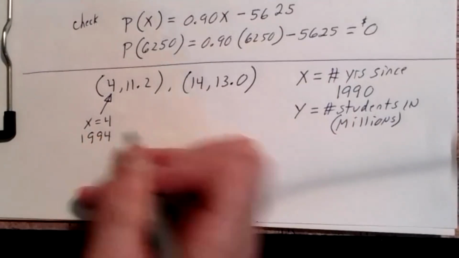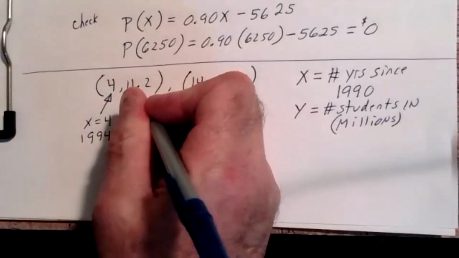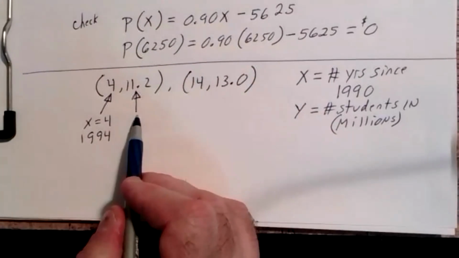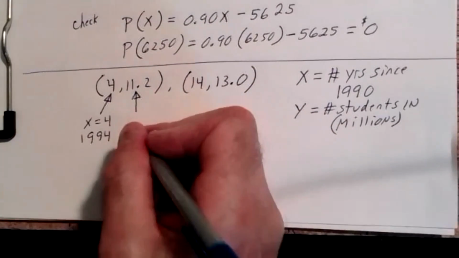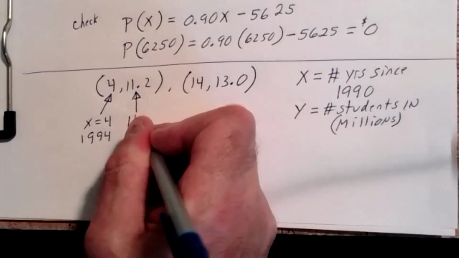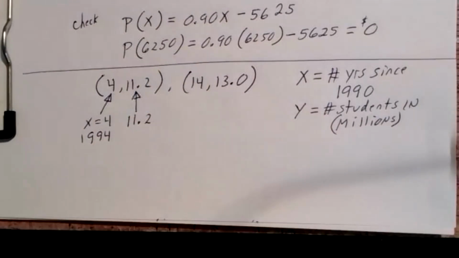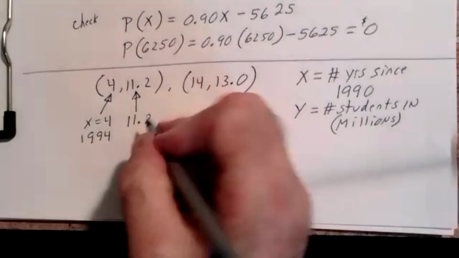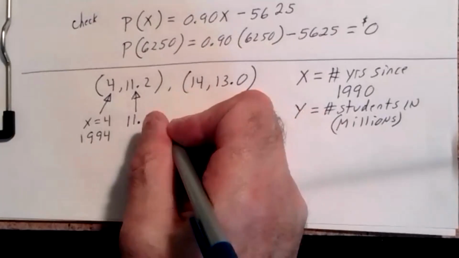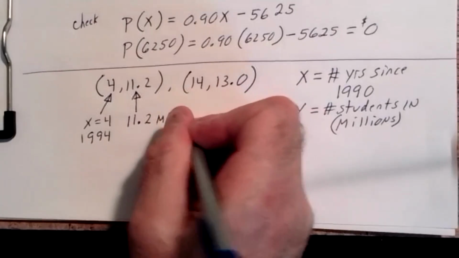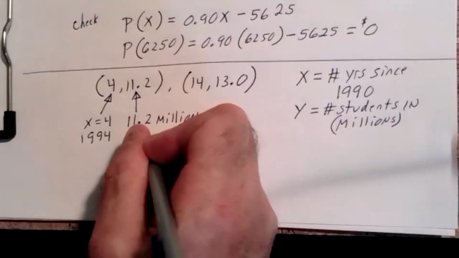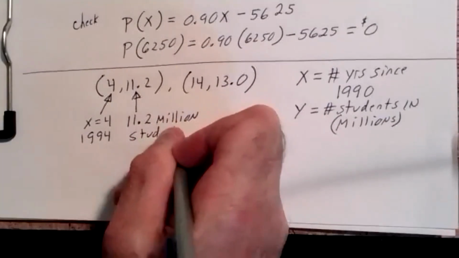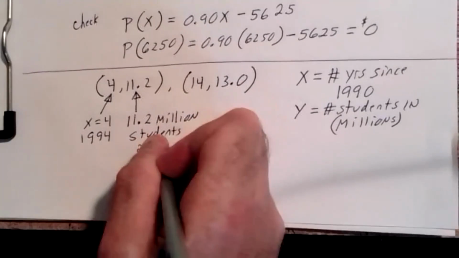In the year 1994, how many students attended public colleges? 11.2 students? Only 11.2 students? No. 11.2 what? Million. 11.2 million students attended public colleges.